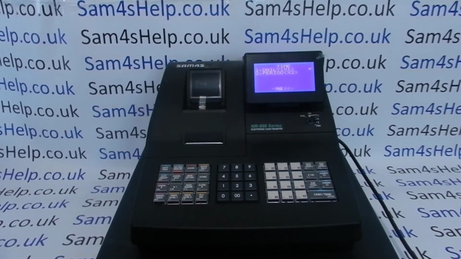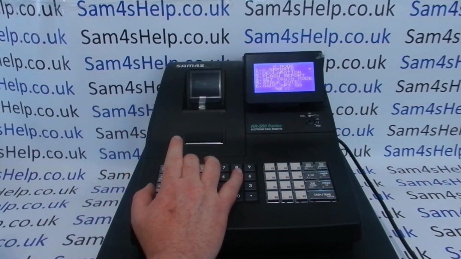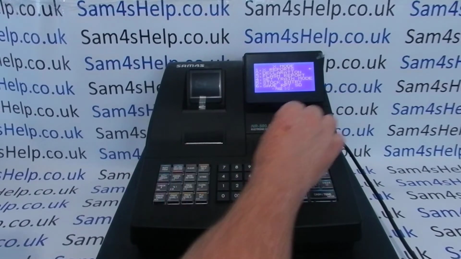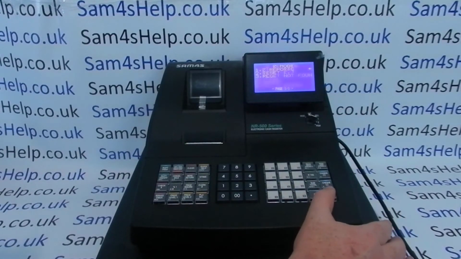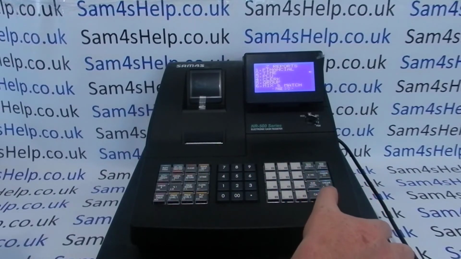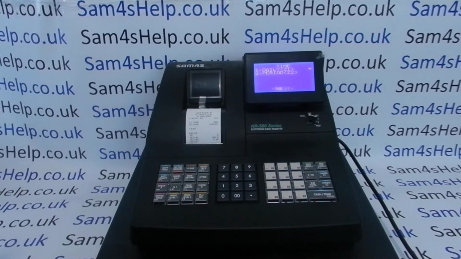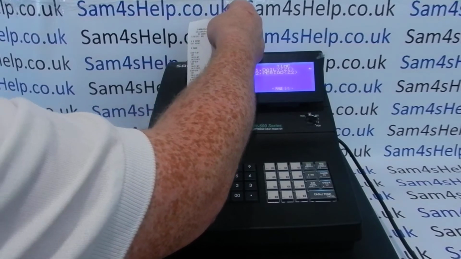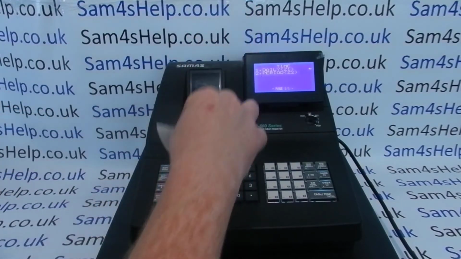So we can also press clear and then take a look at the Z mode version. So it's Z reports, not financial, sorry, clear to go back, down to time, and then we'll have a look at the daily one to start with. It's the same sort of information. That report will reset, so we can actually compare the two together.